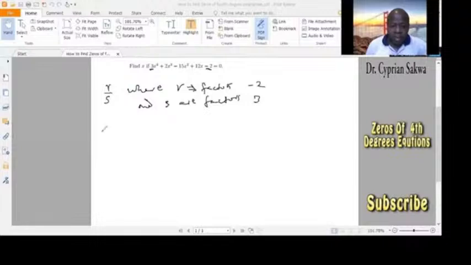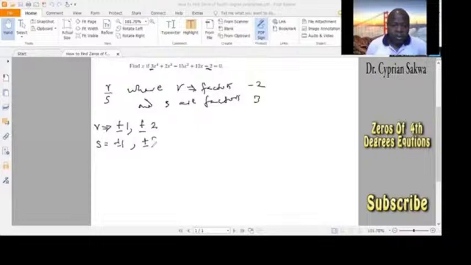So what are the factors of -2? Factors of -2 are positive or negative 1 and positive or negative 2. These are the possible r. And s, those are the factors of positive 3, which are positive or negative 1 and positive or negative 3.